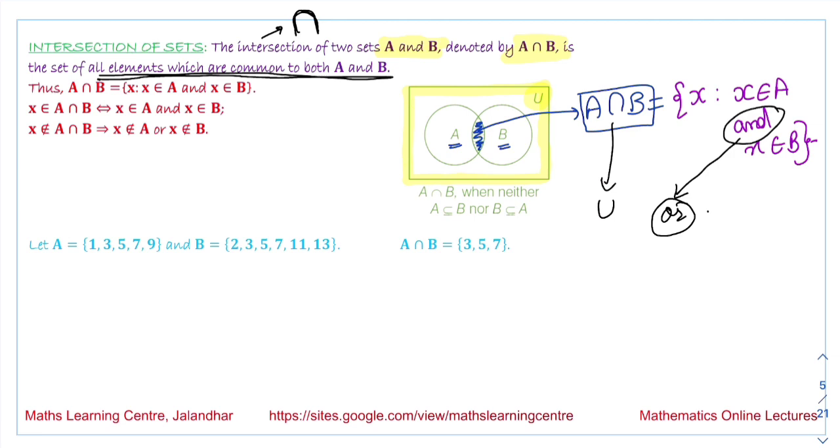Either it is an element of A or an element of B or an element of both, it is part of the union. When we are talking about intersection, we are saying it should be in both A and B. So this is the situation shown over here.